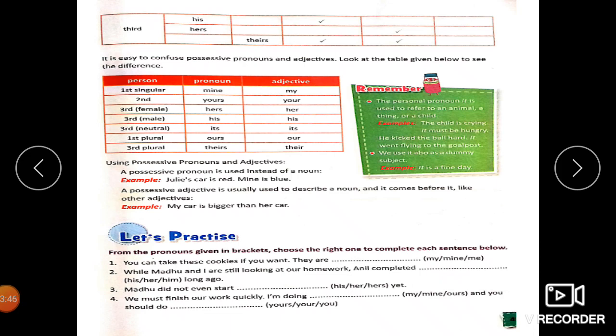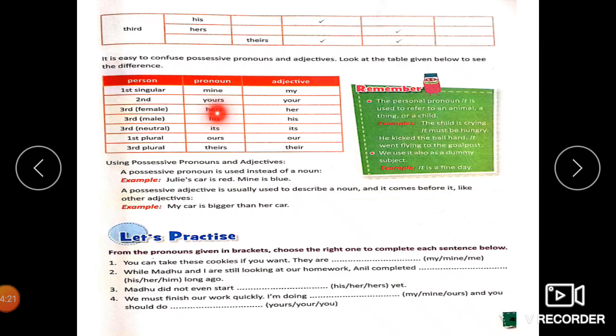Now, there is something called possessive adjectives as well, children, and often we tend to confuse between possessive pronouns and possessive adjectives. Hence, it is very important for you to understand the difference between a possessive pronoun and a possessive adjective. Now, there is another table given here, which gives us very clearly the words which are used as possessive pronouns and the words which are used as possessive adjectives.